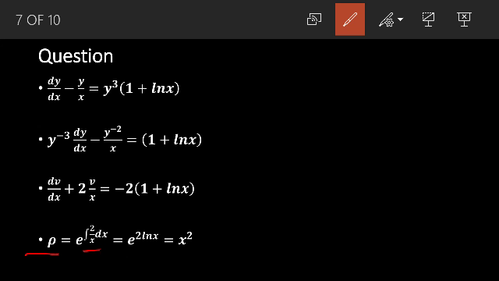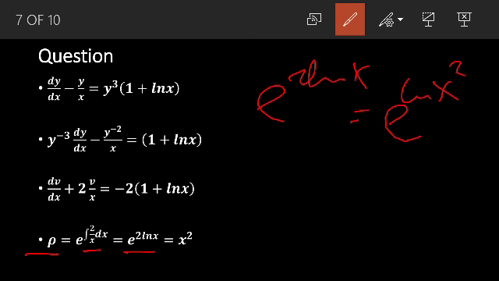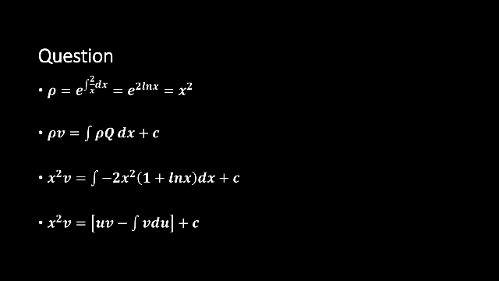So exponential integral of 2 over x gives us exponential 2 ln x. Integral of 2 over x is 2 ln x, and exponential 2 ln x is the same thing as exponential ln x raised to power 2. Remember the law of logarithm, so this cancels out and we are left with x squared.